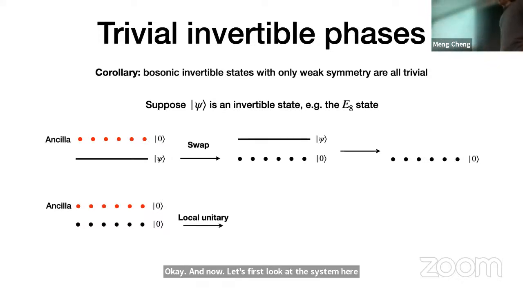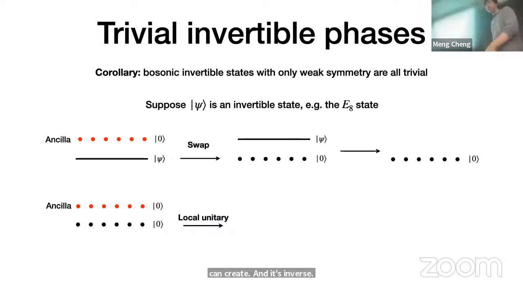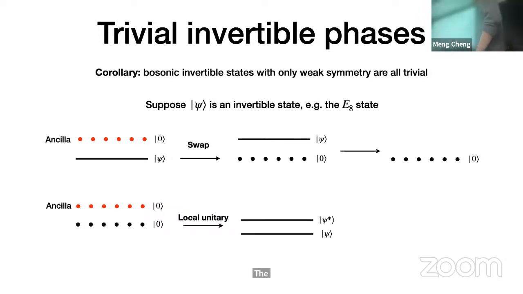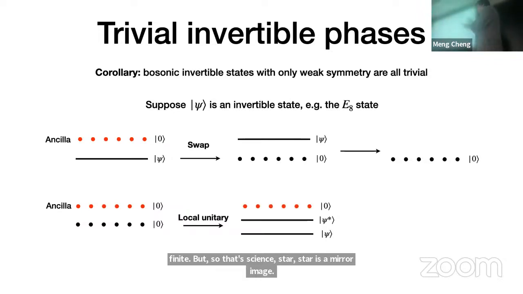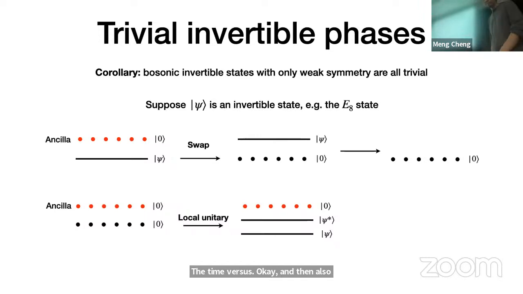By the definition of this invertible phase, we know we can create E8 and its inverse, the mirror image of E8, out of a trivial state by some finite depth local unitary, by adiabatic evolution, basically. So that's psi and psi star. Star is the mirror image, the time reversal image. Okay, and then there's also the environment, which hasn't really, nothing has happened to it.